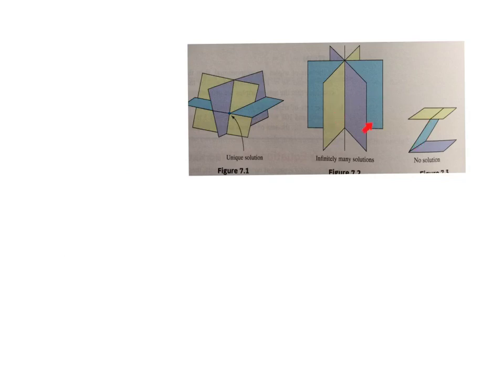When we have ones like this, which we'll get into in a minute, this one and this one intersect here on this line, the blue one and the purple intersect here on this line, but the yellow and the purple do not intersect. So there's not one set of numbers that is on this line, this plane, and this plane. Because that's true, there is no solution.